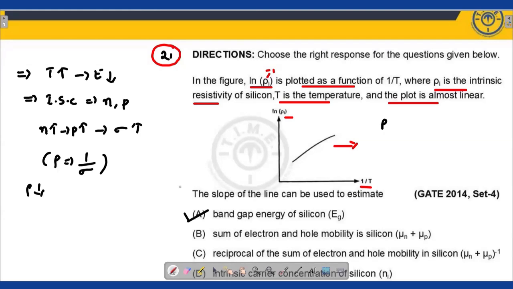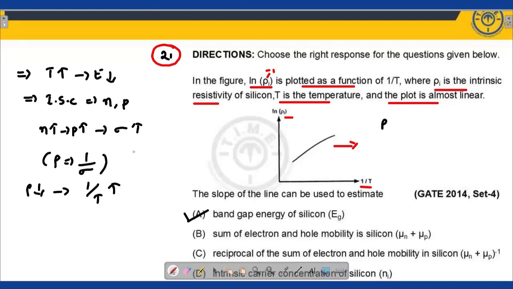When resistivity decreases, as resistivity is decreasing here, 1 by T increases. 1 by T increases, my dear friends.